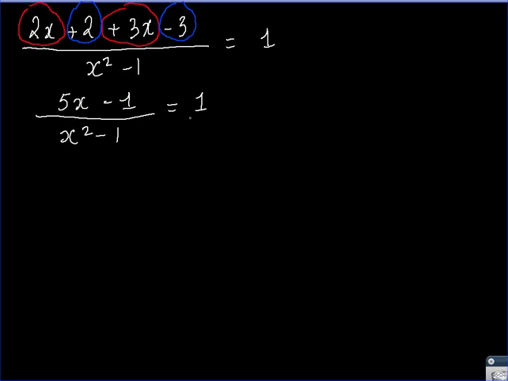Your next job is to solve the equation. To do that, the first step is to multiply the denominator, which is x squared minus 1 in our case, with the whole number that you have on the other side of the equation. So we're going to multiply x squared minus 1, and before you do that, put it inside brackets like that. And you're going to cross multiply with the number which is on the other side.